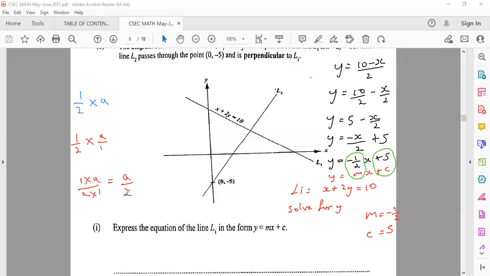So I can literally say half A is equal to A over 2. These two things are equal. Similarly, negative x over 2 is the same thing as saying negative a half x.